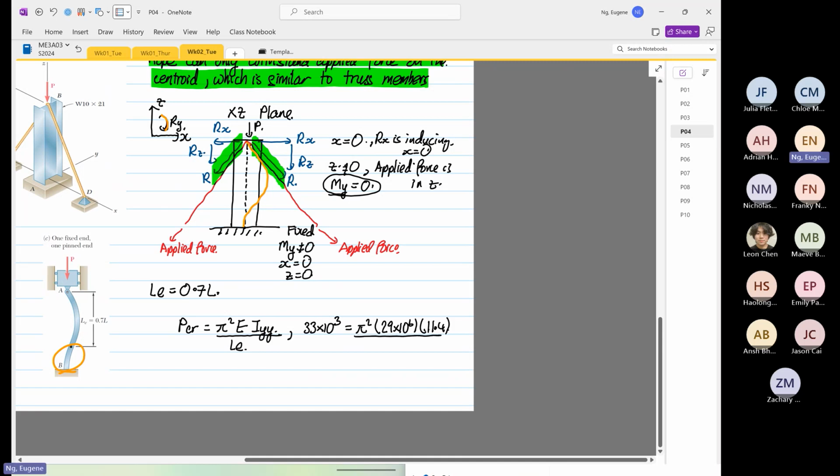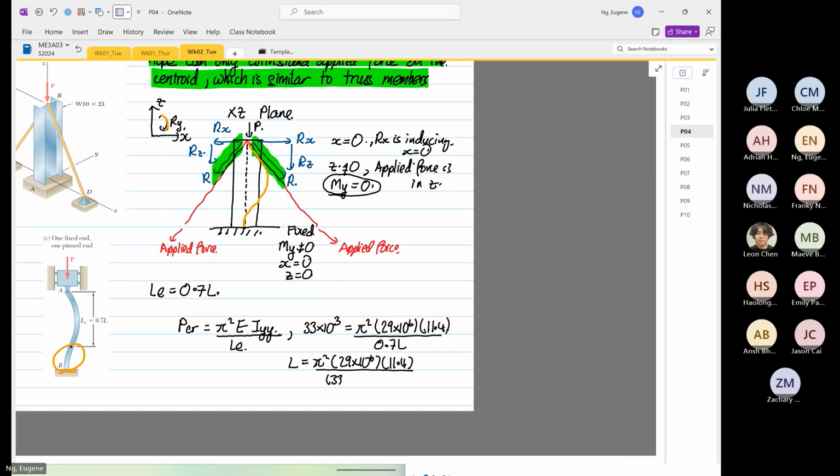And then Le is equal to 0.7 L. So therefore L will be equal to pi squared, 29 times 10 to the power 6, 11.4 divided by 33 times 10 to the power 3, and then divided by 0.7. I got a funny number.